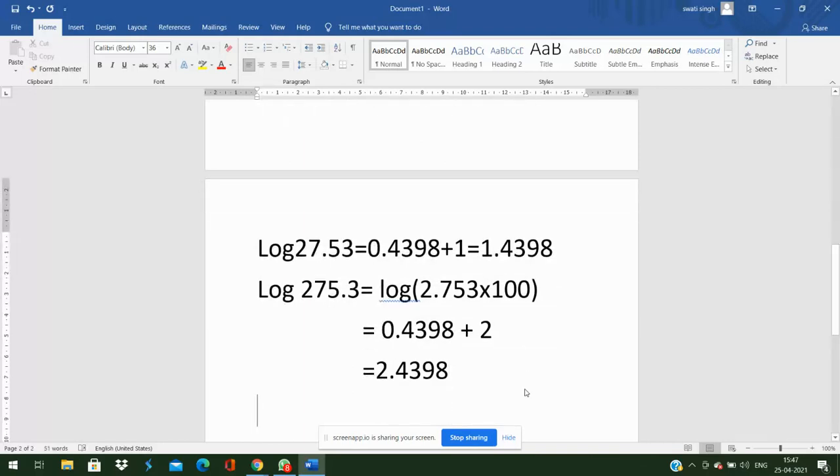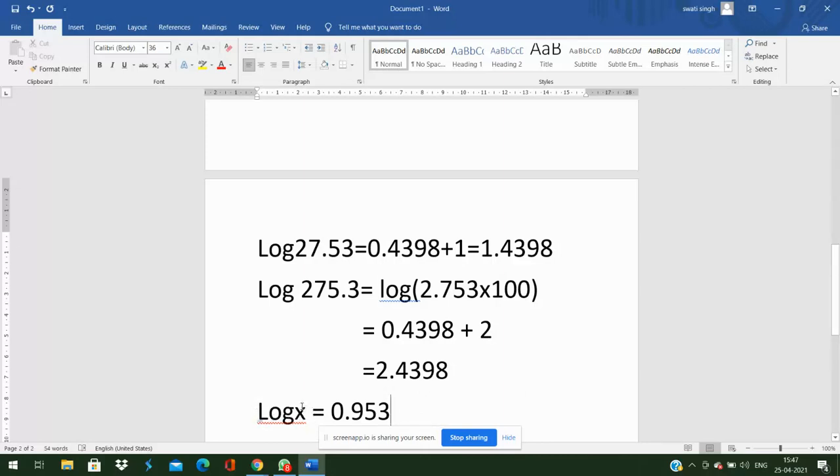You know a little bit about antilog and how to use it. Suppose a value is given, log x is equal to 0.953. And now here we don't want the value of log x, we want the value of x.